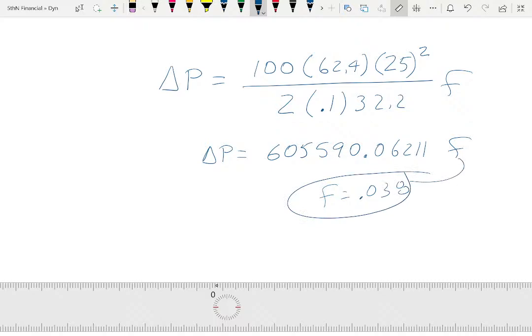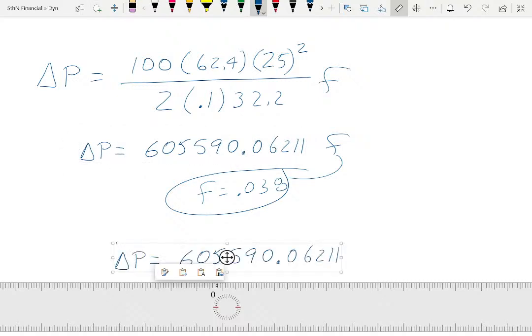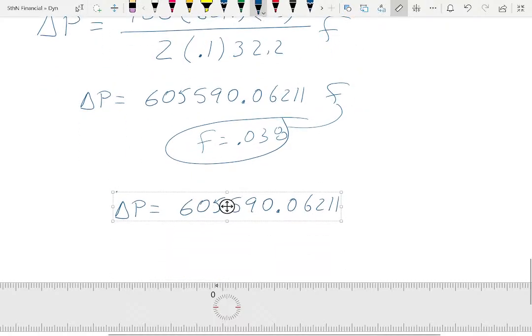So then I just multiply that. Okay, so let me try that. I'll do a copy and paste it right there. And then I'll do this. Let's see if it will allow me to do this. 0.038.